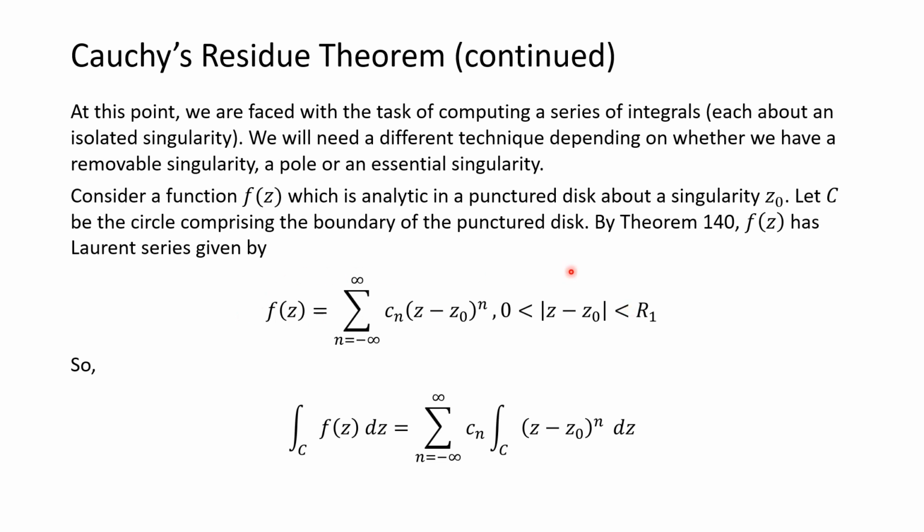And then once we have this, we can plug f of z into our integral for one of the contours about a circle. So we put this in here, and then we can bring the summation outside of the integral as well as the constant c sub n, and we're left with this problem to solve, which let me continue on the next slide.